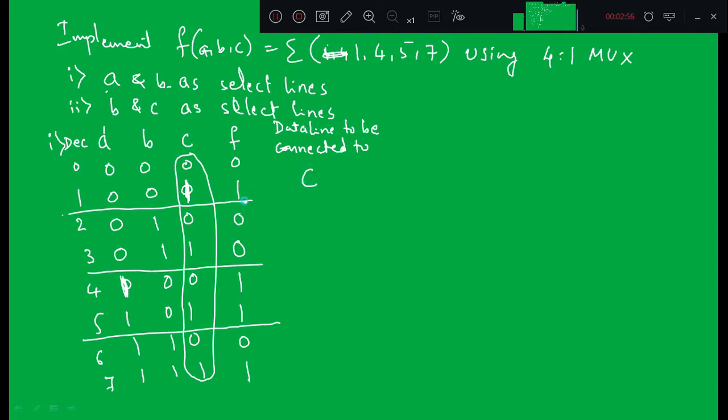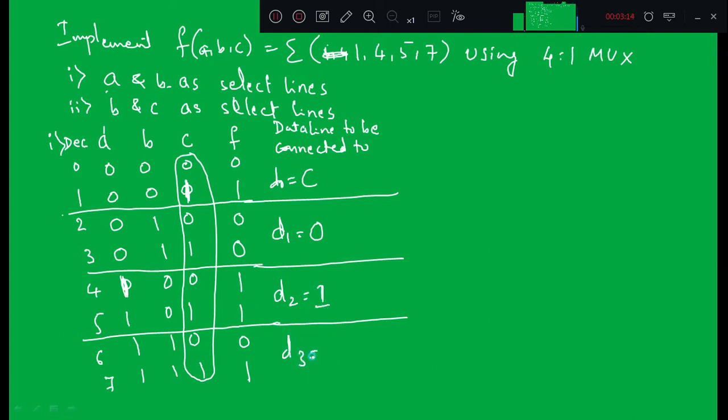So D0 is equal to C. Next, what is D1 equal to? Both outputs are 0, so D1 can be written directly as 0. For D2, both outputs are high, so D2 can be written as 1. D3 is same as C, because when C is 0 output is 0, and when C is 1 output is 1, so D3 is also equal to C.